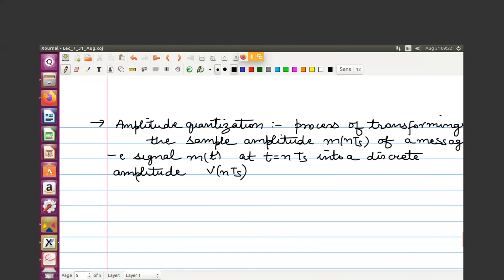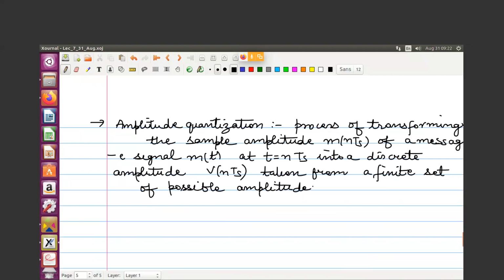Now we call the discrete amplitude which we assign, let me write it down and discuss, taken from a finite set of possible amplitudes. So this is the process of amplitude quantization.